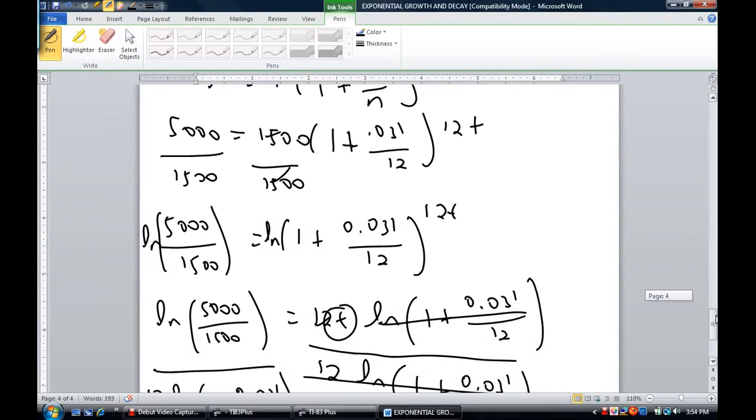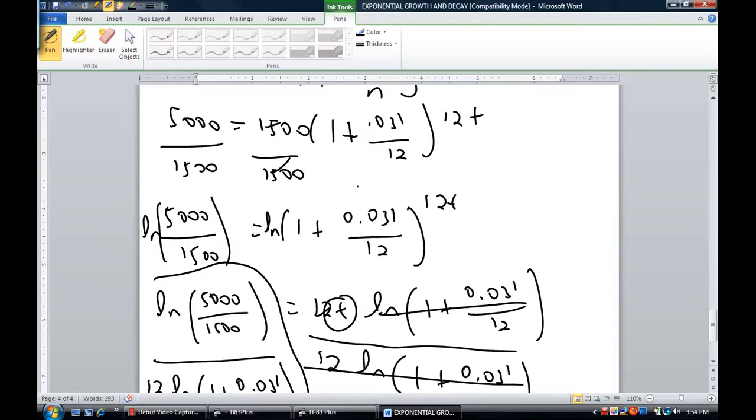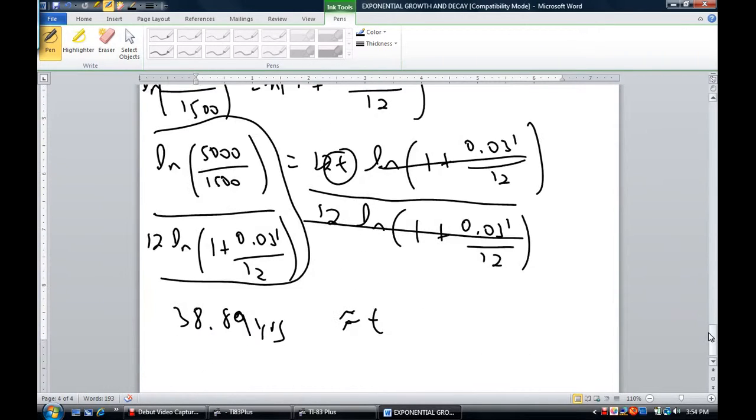So just be aware. In fact, you can see it takes 38.89 years. So you may want to rework that problem, but this part right here is the exact answer, and this is a decimal approximation. And you could have changed these to decimals very early in the problem if you want to save some writing. It all depends on what your instructor wants.